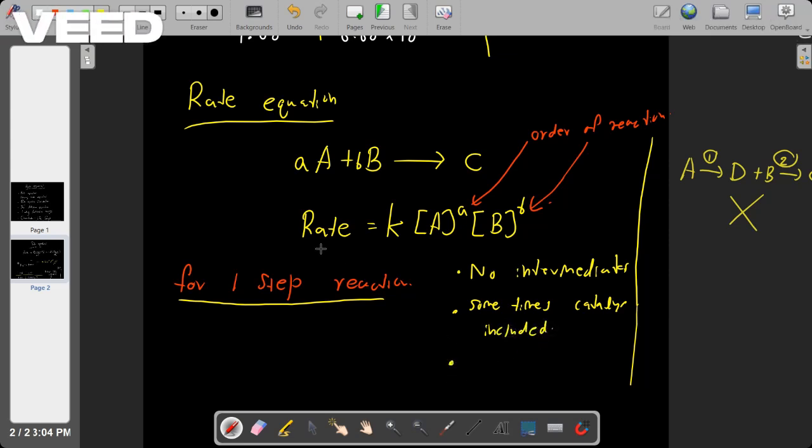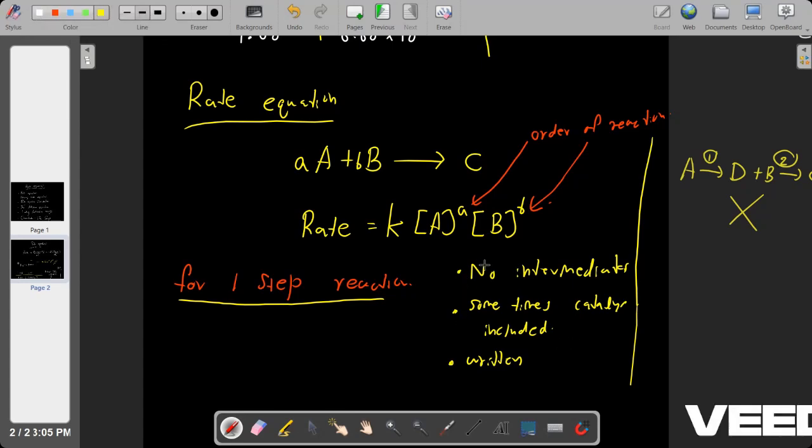Usually, the rate equation is written using the reactant concentrations, even for multi-step reactions. These are the rules. Keep in mind it is written with reactants only.